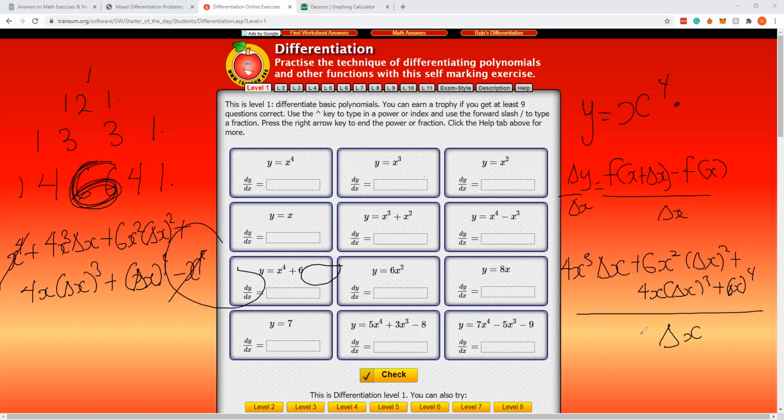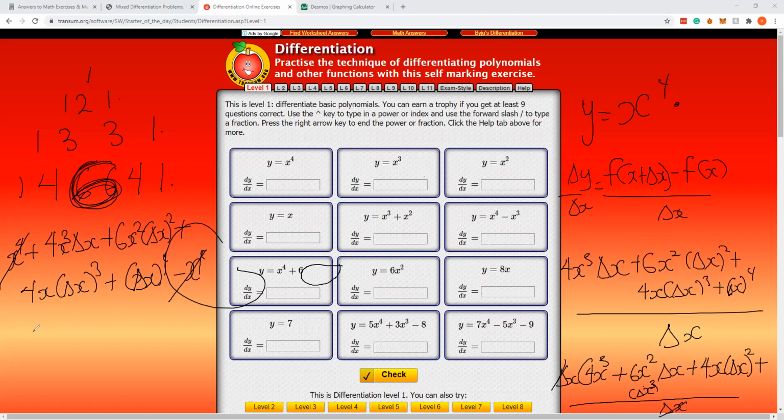When you factorize delta x, we have 4x to the power 3 plus 6x squared delta x plus 4x delta x squared plus delta x cubed, over delta x. Okay, so this can cancel.